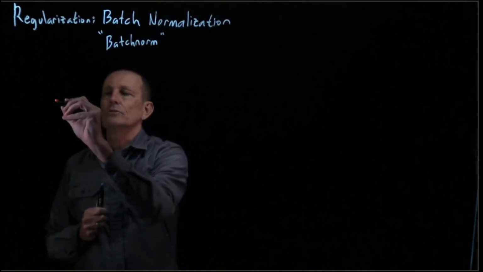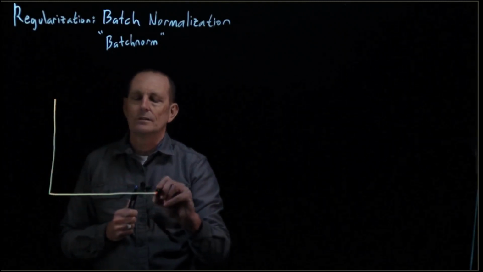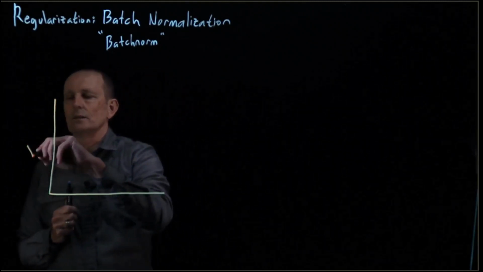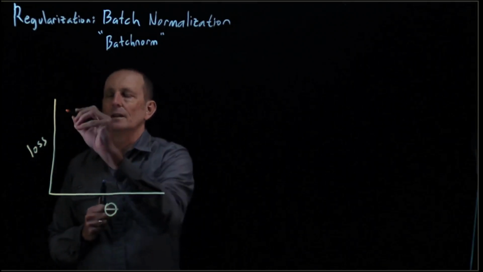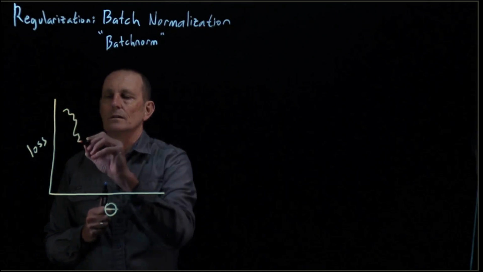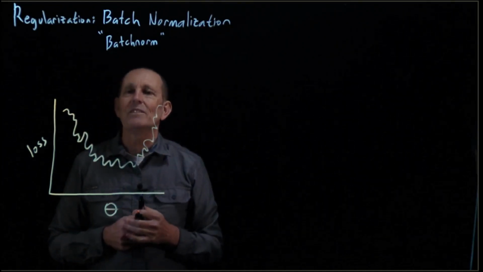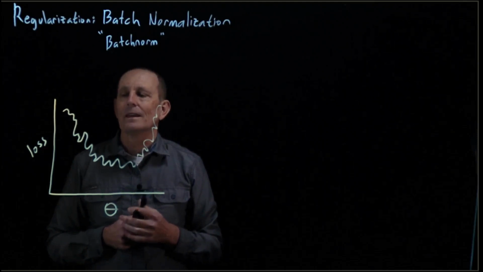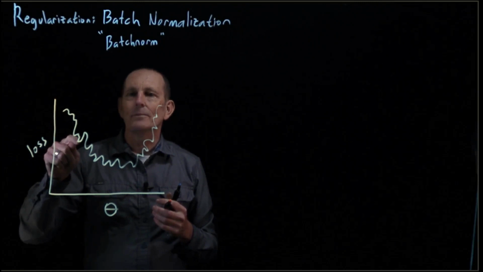So we have seen before some sort of a graph of loss with respect to theta. And so we might have something like this. It might be very jagged. And so it can be easy to get stuck, for instance, in local minima.